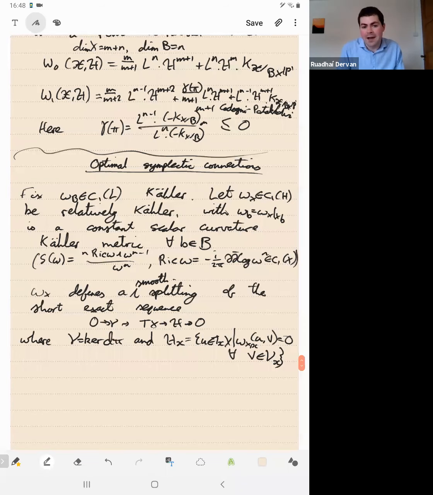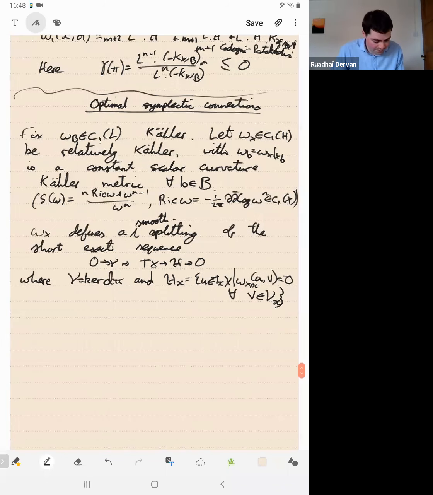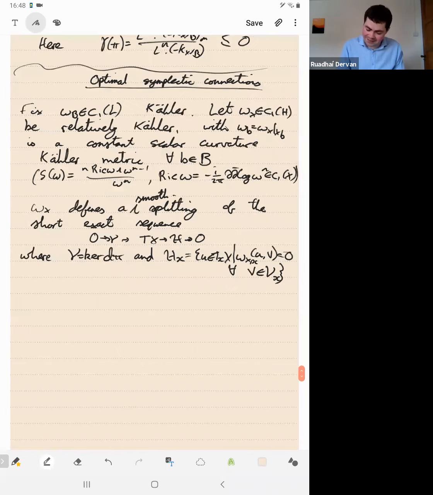So really you're just requiring that V and H are orthogonal, but using the symplectic form. This is really defining an Ehresmann connection, and in the symplectic geometry literature, they talk about omega_X being a symplectic connection in this way. Going further, this induces a splitting on all tensors.